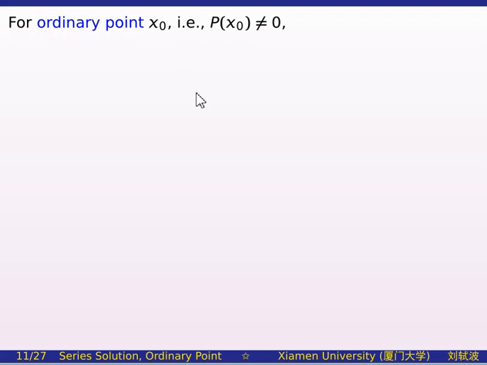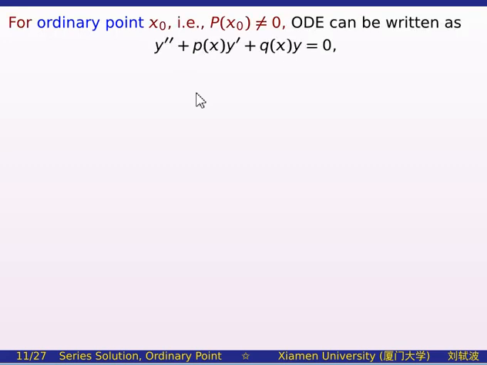Near the point, it is still not 0. Okay, so p(x) is not 0 when x is close to x0, or x is in a small interval of x0. Therefore, we can divide the equation by p(x) to obtain a new form of our equation.